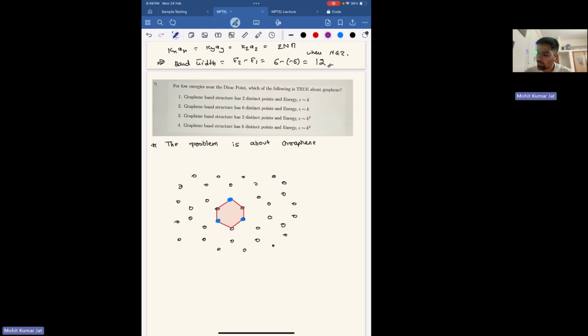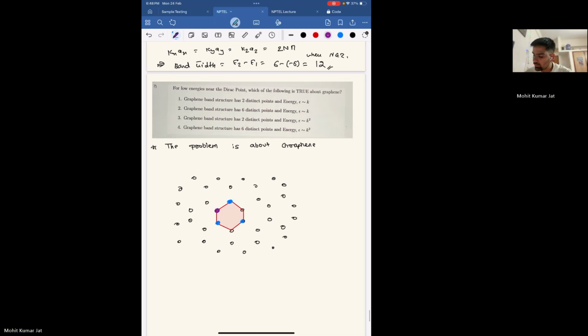And the points which are like this and this, they share one kind of environment. Okay, let me describe what environment means.